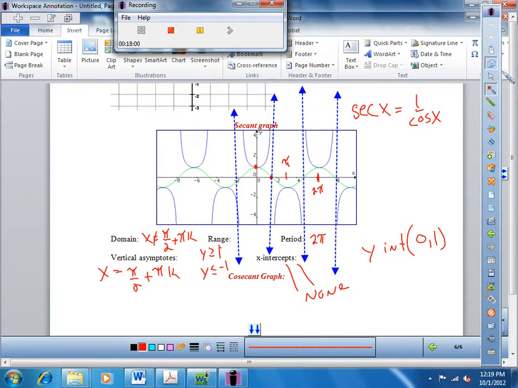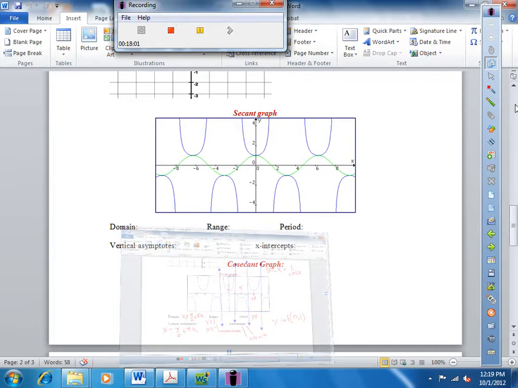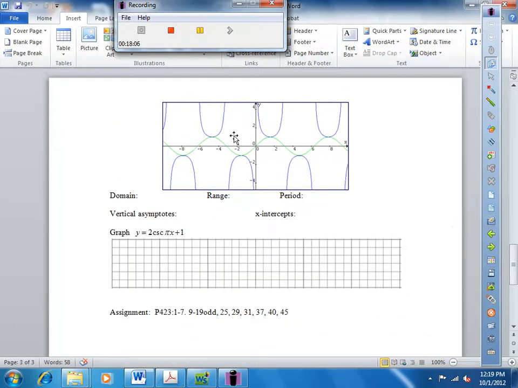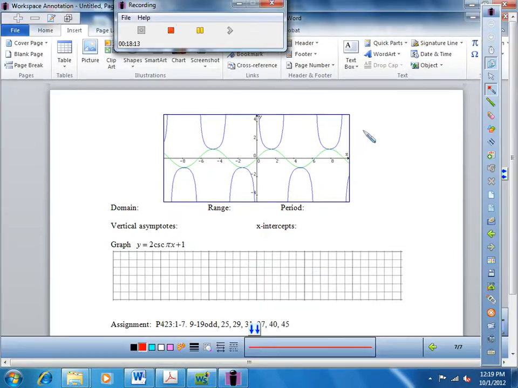Getting to the next thing, I know it's a lot, but gotta go. This is y equals cosecant x, and this right here is y equals sine of x. To graph cosecant, you take 1 over sine of x.